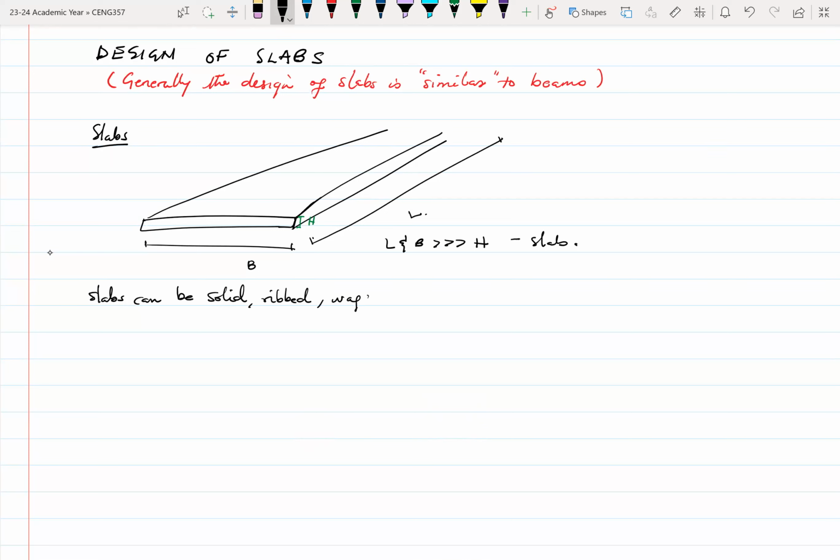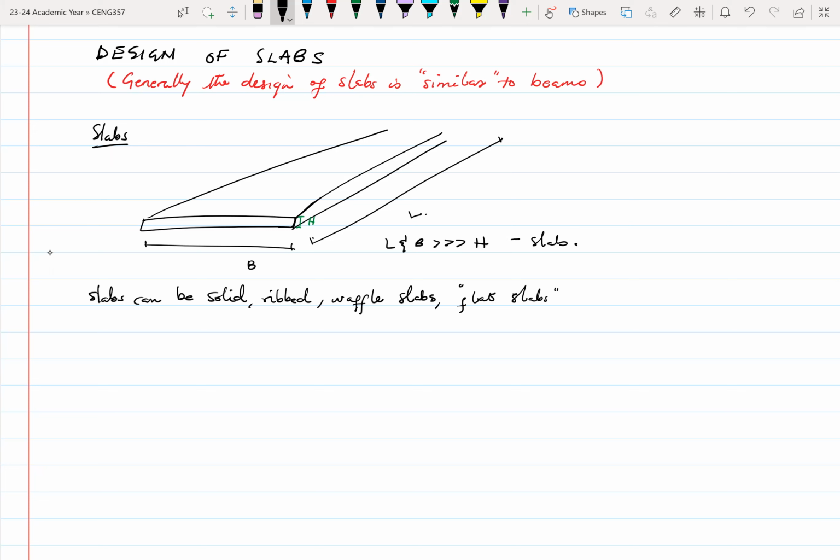Then we also have the flat slabs, which are special types of slabs. So these are some examples of slabs.